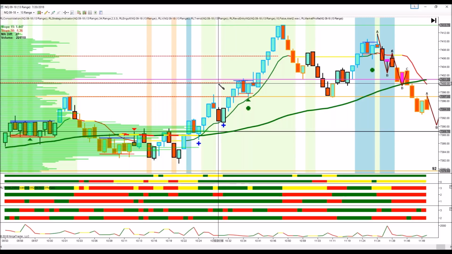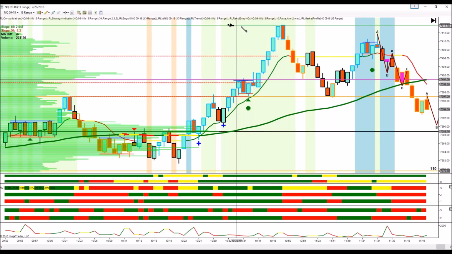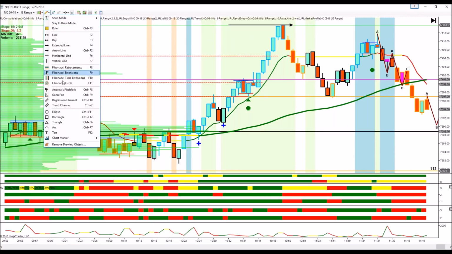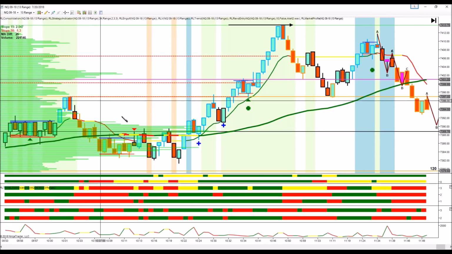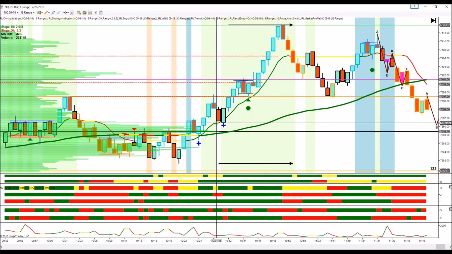But let me tell you why I think there's a problem, in my opinion, with overbought, oversold, and trading price action now. And that is when the Japanese developed these candlestick patterns.